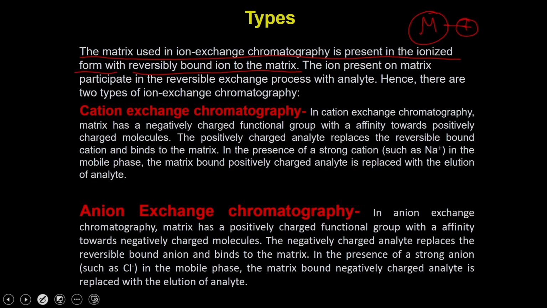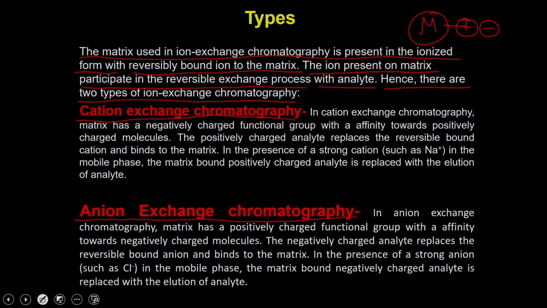So, it is going to have a positive charge, and then it is going to have the counter ion, which is a negative ion. The ions present on the matrix participate in the reversible exchange process with the analyte. Hence, there are 2 different types of ion exchange chromatography. One is called cation exchange chromatography, the other one is called anion exchange chromatography.